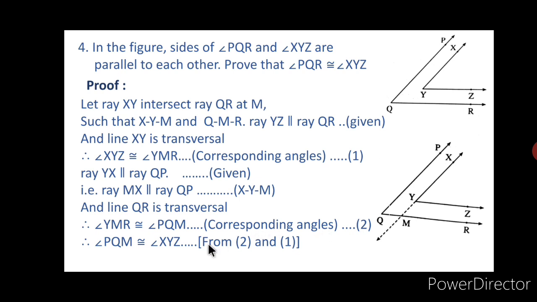Therefore, from second and first, angle PQM is congruent to angle XYZ. It means that angle PQM is nothing but the angle PQR, and therefore here we prove it, that is angle XYZ is congruent to angle PQR.